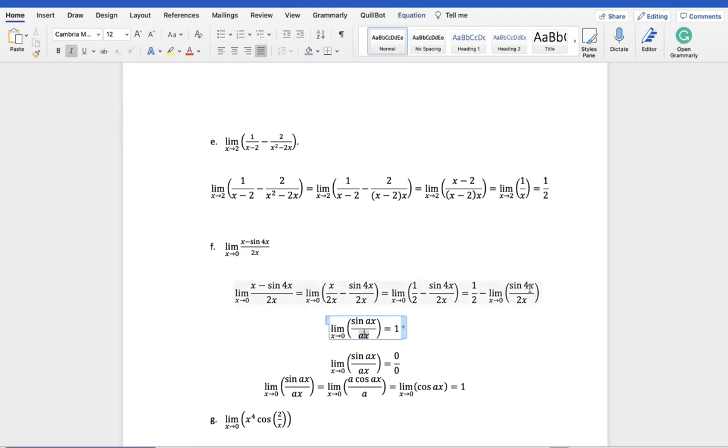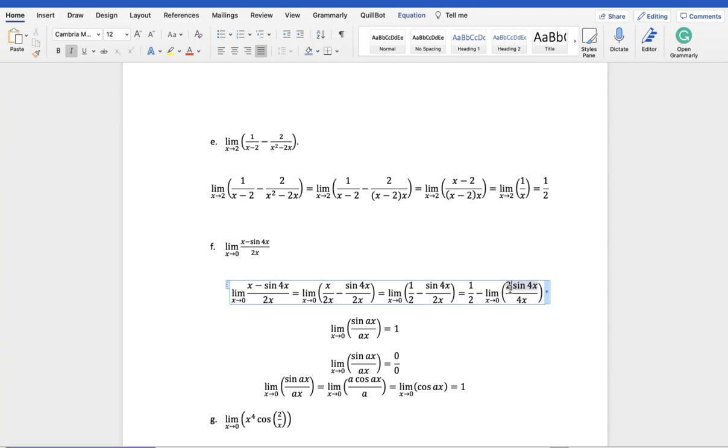But in our case, we have sine of 4x over 2x. So what you can do is multiply by 2 and divide by 2. You multiply by 2 in the denominator, you get 4 there, but you also multiply by 2 in the numerator, so it can cancel.